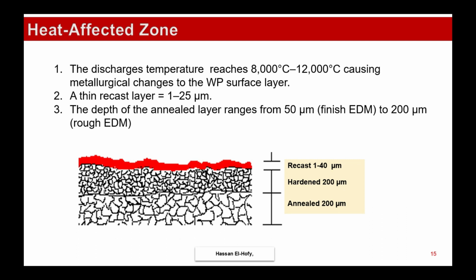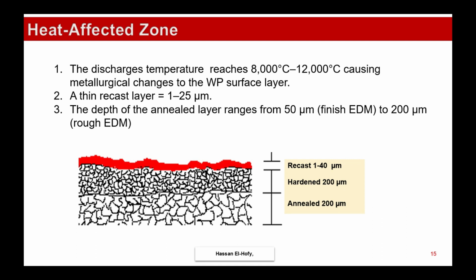The heat affected zone is created because some of the molten metal created by each discharge is resolidified and forms the heat affected zone. The discharge temperature in a single spark reaches 8,000 to 12,000 degrees Celsius, causing metallurgical changes to the workpiece surface layer, and a thin recast layer of up to 25 micron is created.